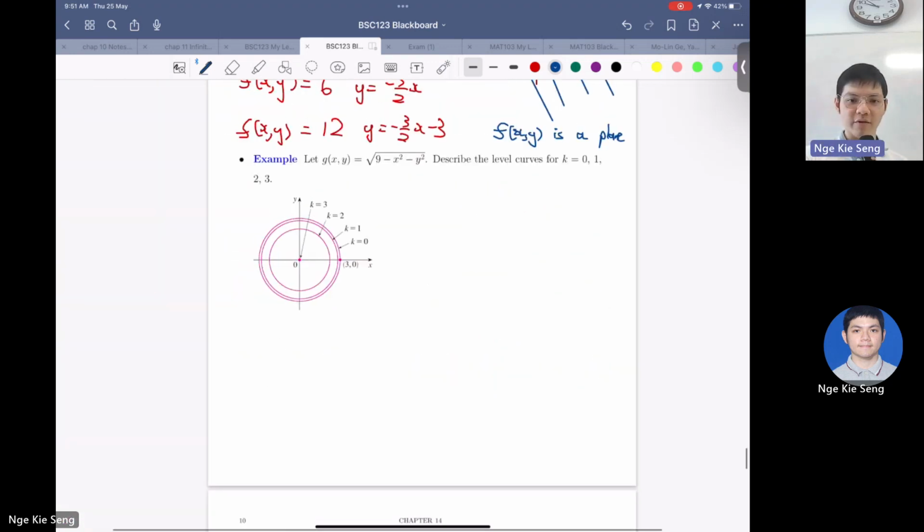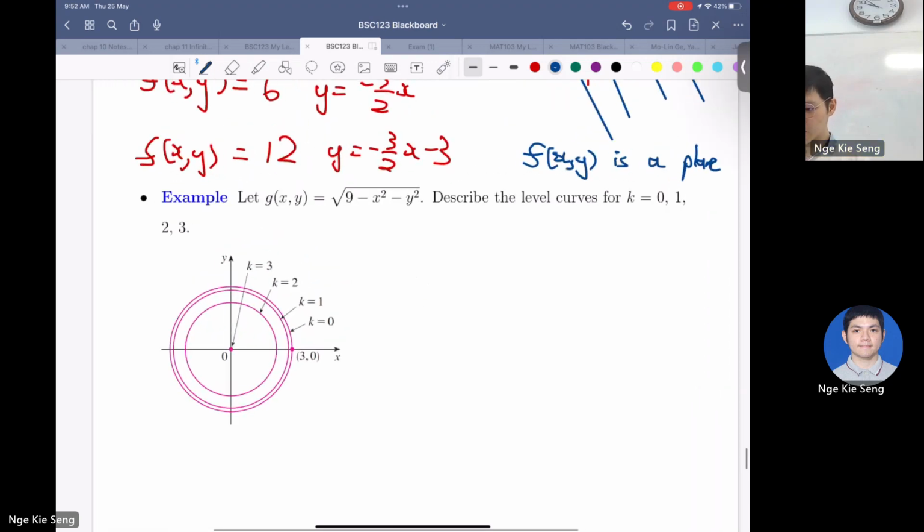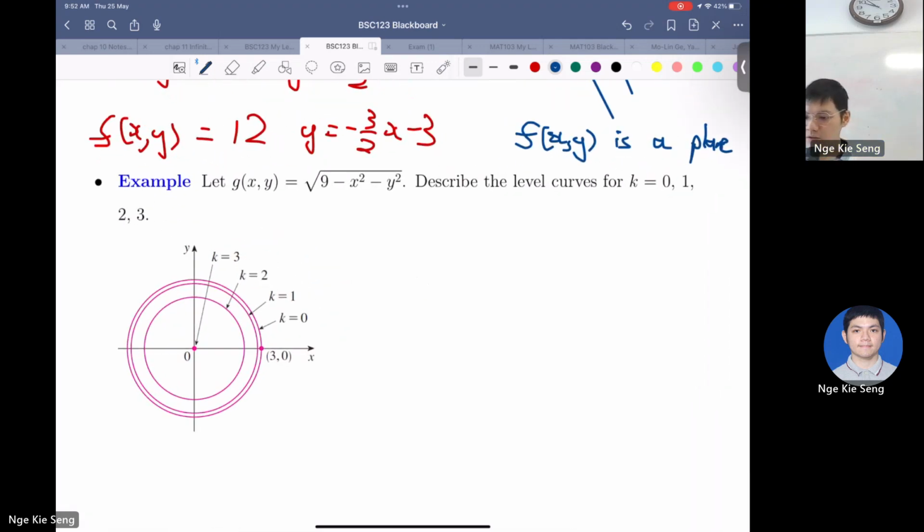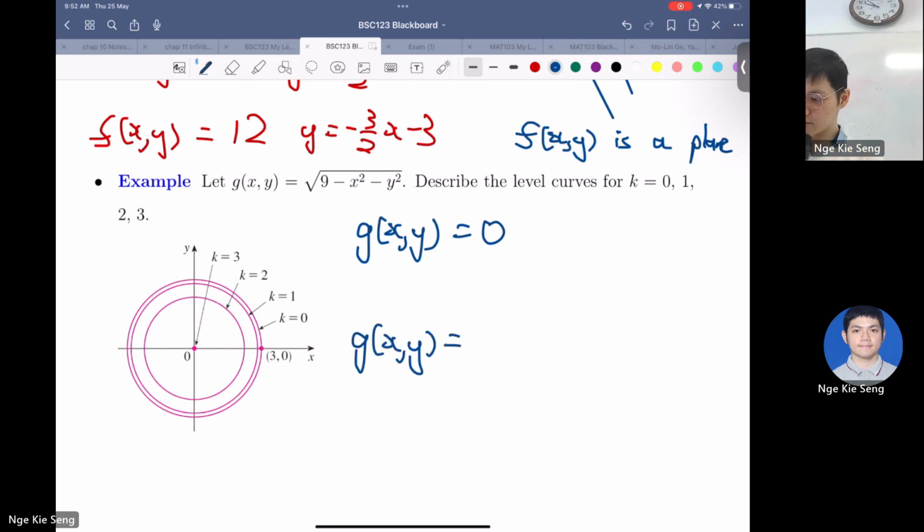Do you want to do one more and then we finish here? Let's do one more and then we finish here. Okay, so this one. If you compute k equals to 0, 1, 2, so let g(x,y) equals to 0, g(x,y) equals to 1, look at a different height.